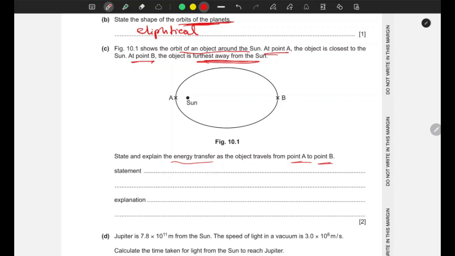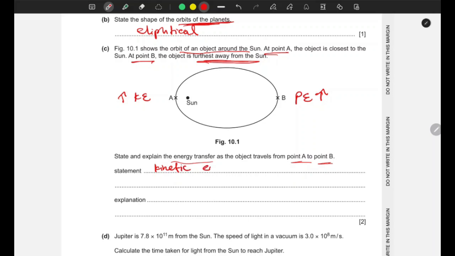That means it would be moving at higher speeds at A. So kinetic energy is highest at A, and gravitational, or we can say potential energy, is highest at B.